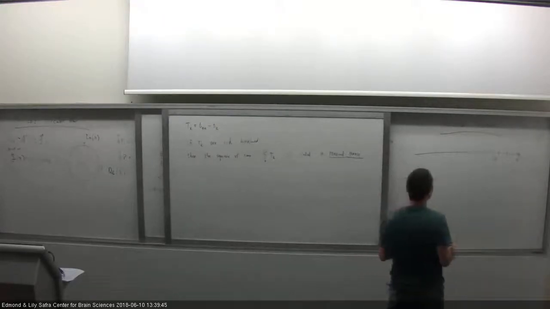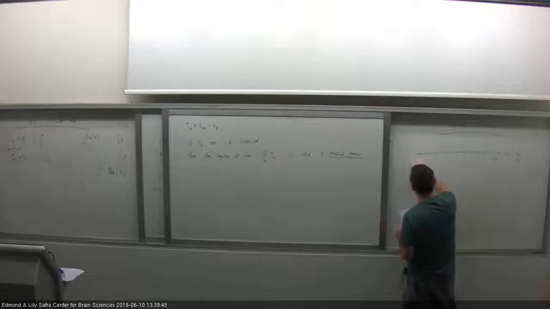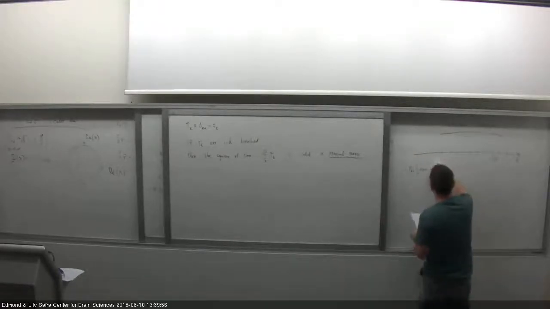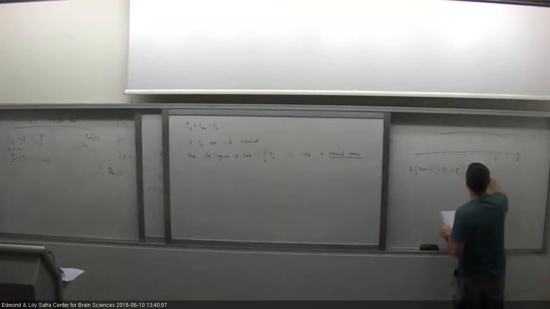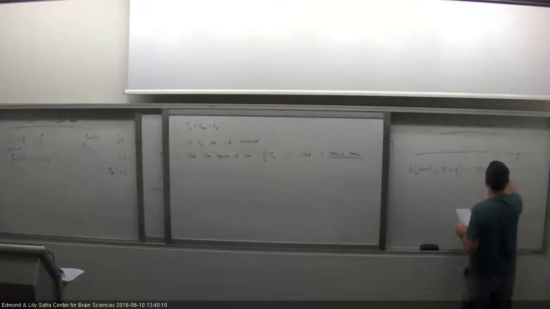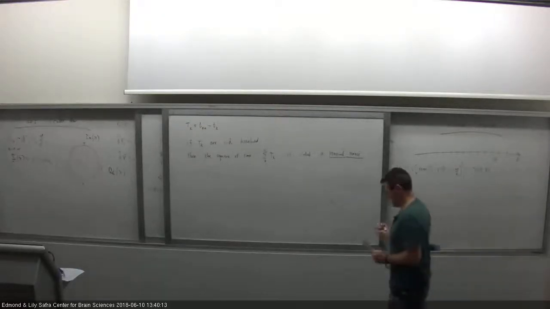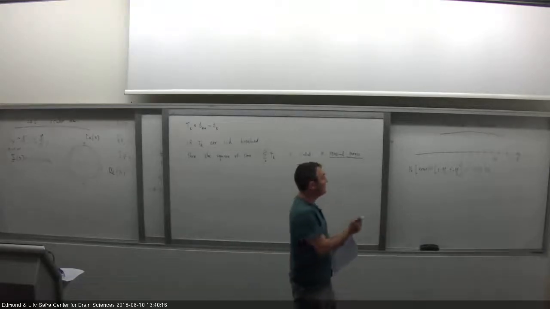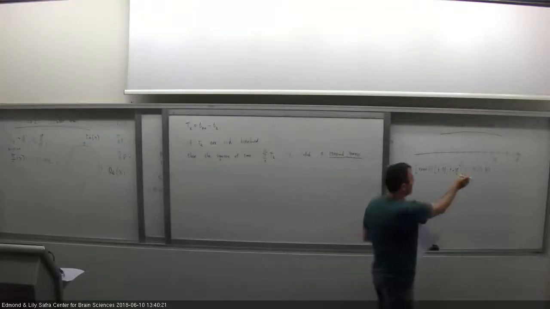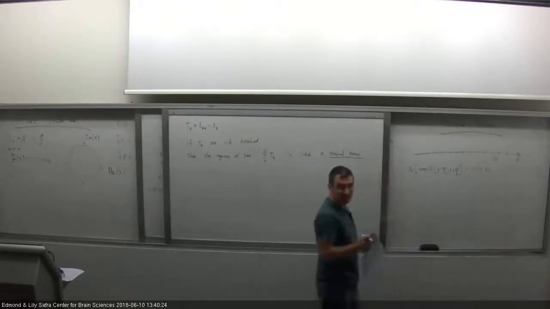And in a Poisson process, the probability of an event between t minus delta t over 2 and t plus delta t over 2 is equal to lambda of t times dt. So there is some probability that there is an event at an interval, and we will take the limit of delta t to 0.